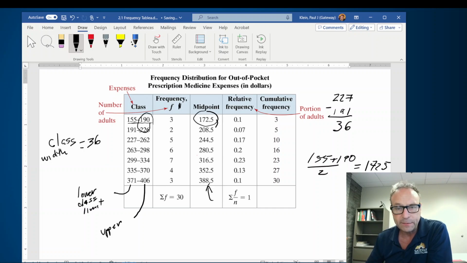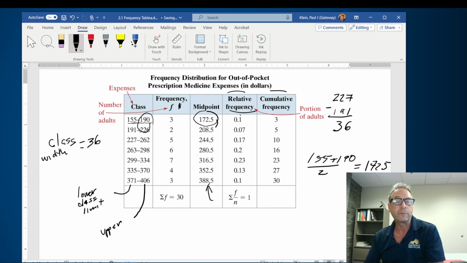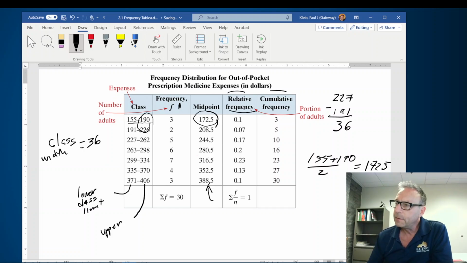All right, so this next column, we've got two columns left. The next one is the relative frequency, and that's the number of data points in this class relative to the total number of data points. So 3 data points are what percent of the data?